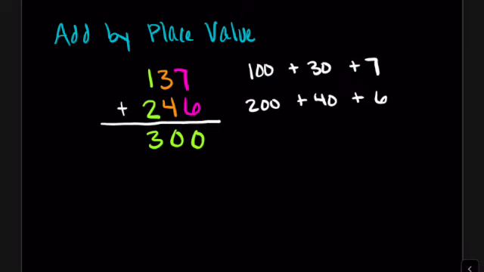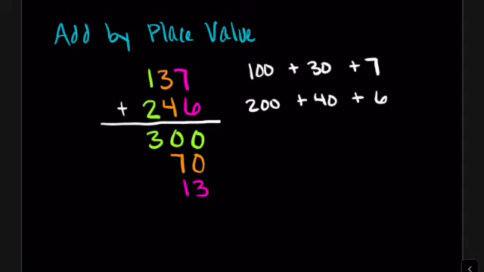Then I'm going to go to the tens place, and we're going to think about this 3 in the tens place as 30, and the 4 in the tens place as 40. So 30 plus 40 is 70. And then finally we'll go to the ones place. 7 plus 6 is 13.